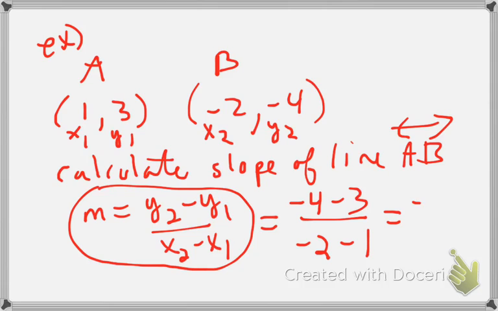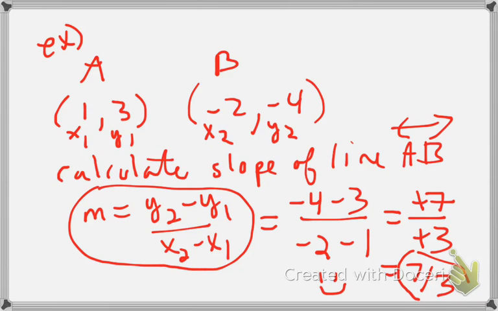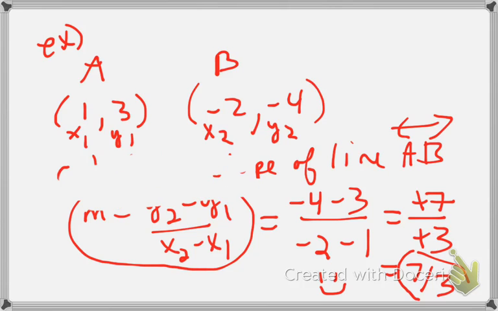All right, then you have negative 7 over negative 3, but a negative over a negative is a positive, so we'll just say 7/3. Okay, so that's your slope calculation. Now, I'm actually going to erase that and let's perform a different calculation. So I hope you caught that.